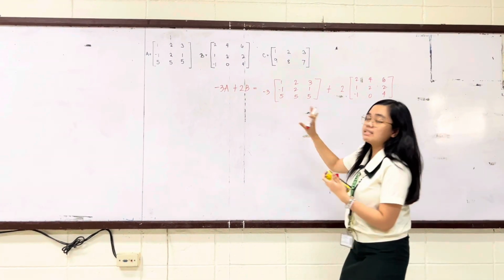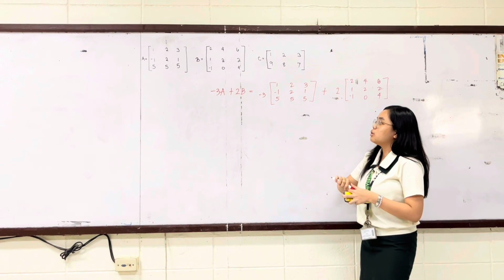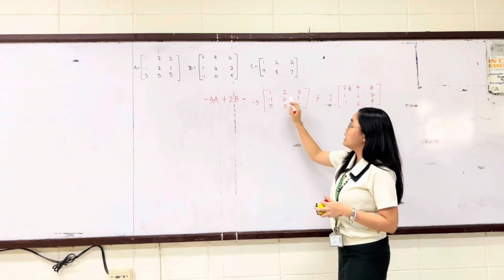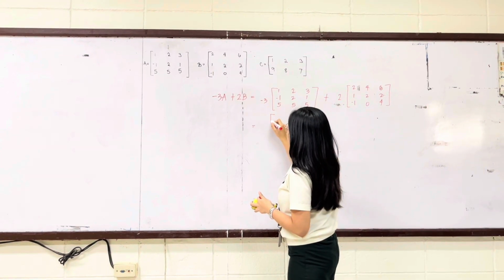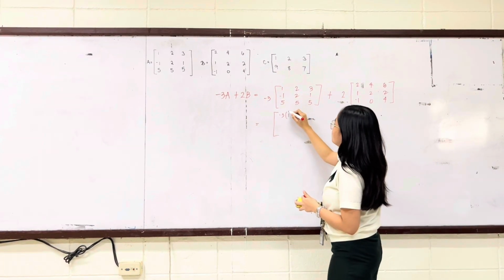So let's apply scalar multiplication. So what is scalar multiplication? Basically, you just distribute this scalar value of negative 3 to each of the elements in the matrix. So we have negative 3 times the first number, 1.